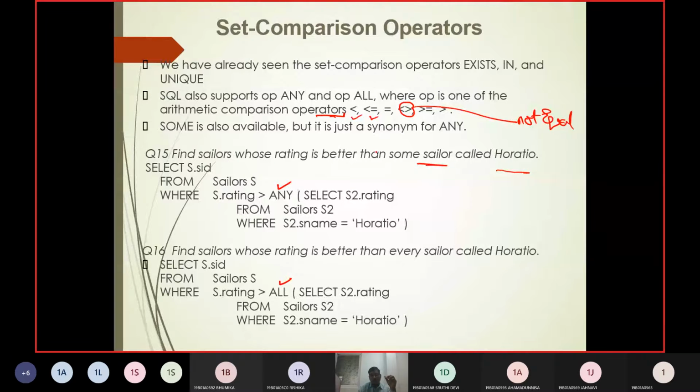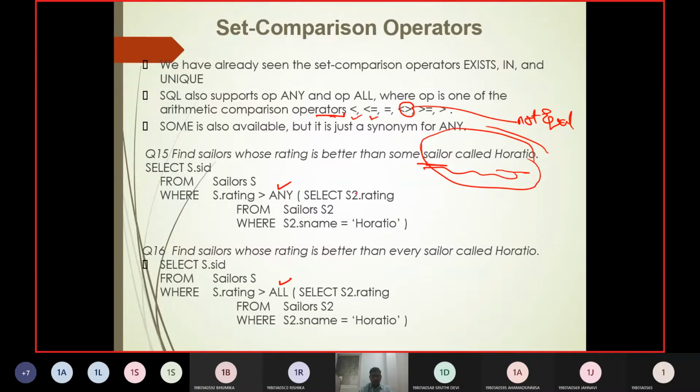First of all, let us split the query and understand how this splitting happens. Find the sailors whose rating is better than some sailor called Horatio. That means first of all we need to identify who is the sailor called Horatio. For that, we should write a very simple query.